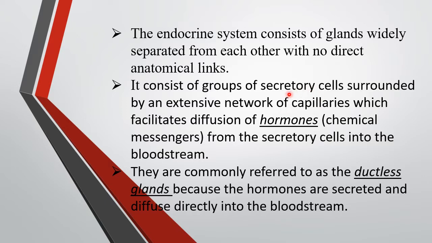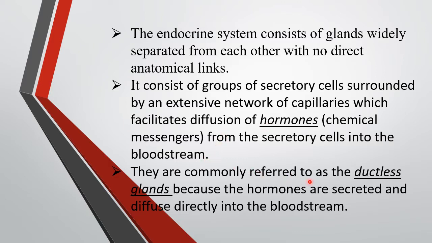Okay, so why are they surrounded with capillaries? Because the hormones produced by the glands would diffuse into the capillaries or blood vessels directly. Okay, so that means coming from the gland, producing the hormone, then the hormone enters the bloodstream directly.